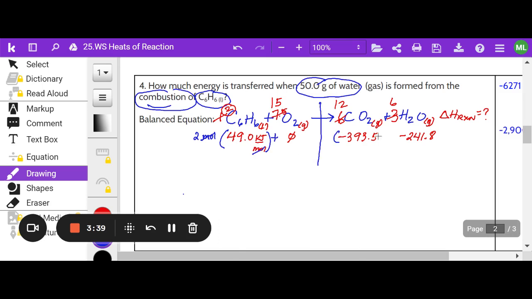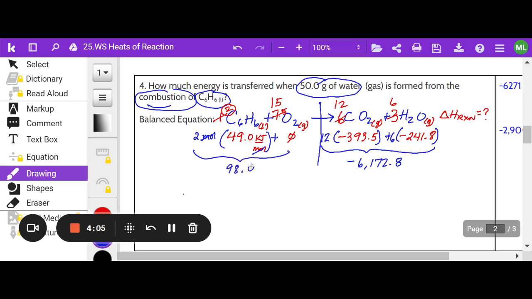And then for the products, you're going to multiply this by 12, and you're going to add this multiplied by 6 because of the 6 right here. Okay. When I did the math, all of these was negative 6,172.8. And then this is 98.0.